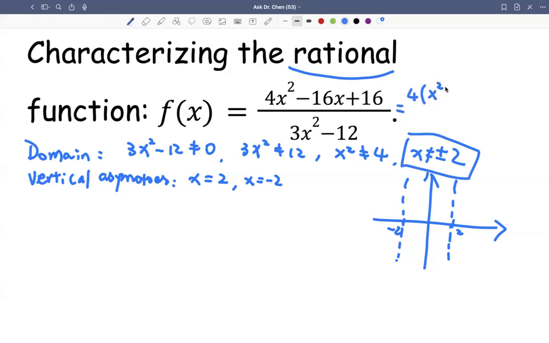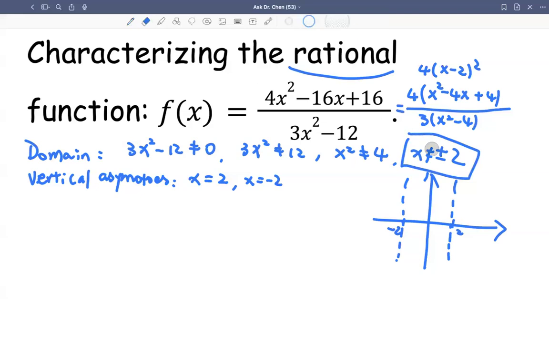Then inside the parentheses, we have x squared minus 4x plus 4. And this can be factored as 4 times (x minus 2) squared. In the denominator, we can factor out 3. Then we have x squared minus 4, and x squared minus 4 can be factored as (x plus 2)(x minus 2).